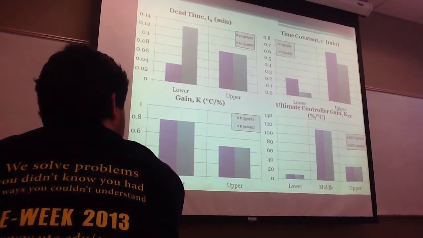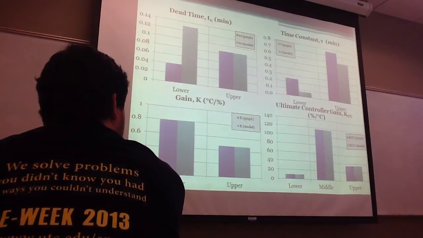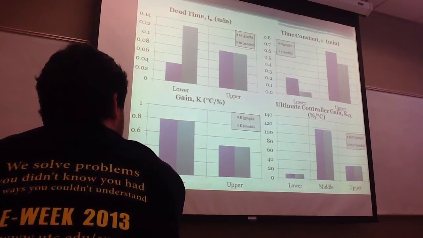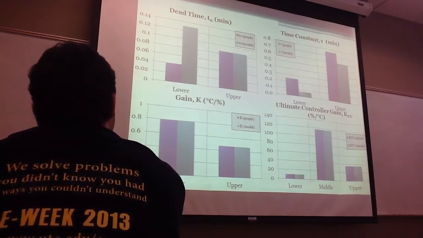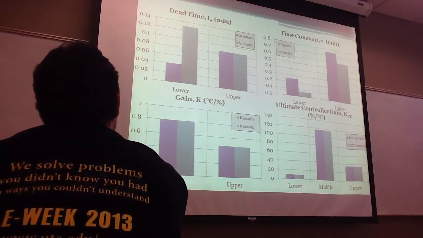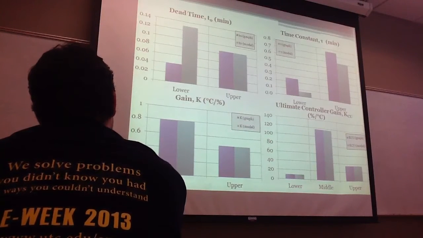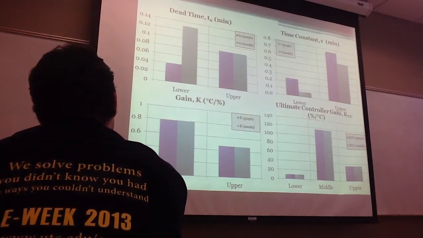And from all of these, for each region, we got the dead time, time constant, gain, and the ultimate controller gain. The ultimate controller gain for the lower region was around 10. For the middle, the alternate method was around 117, and for the upper region it was around 36.